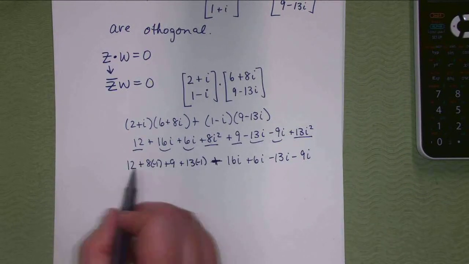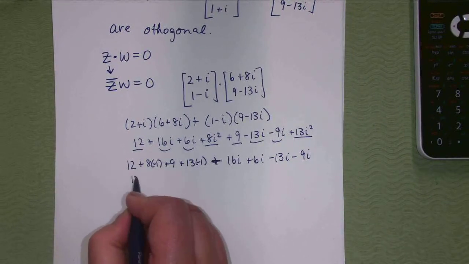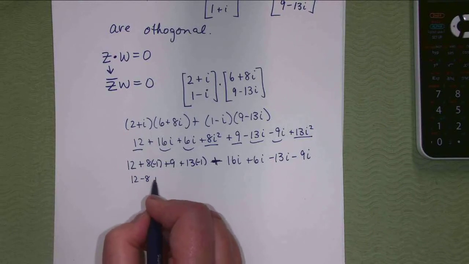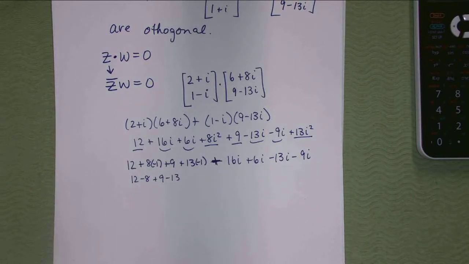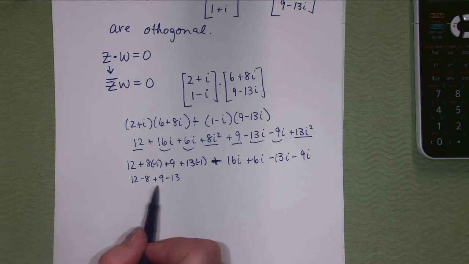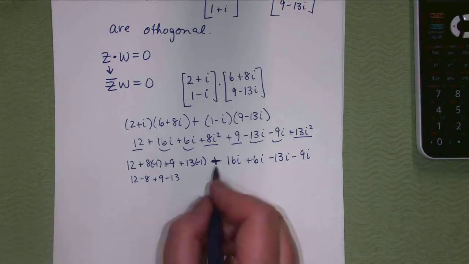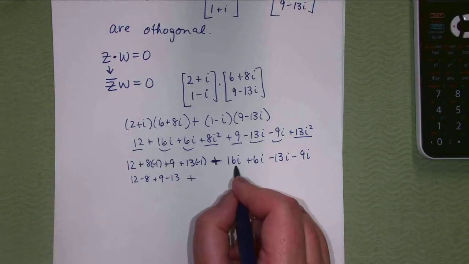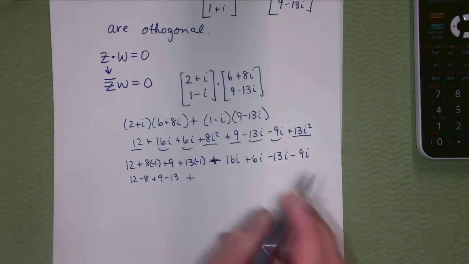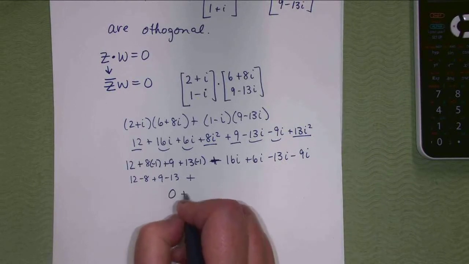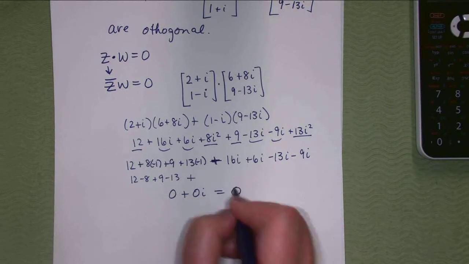Do we have 12 minus 8 plus 9 minus 13? Is that 0? Yep, 0. And is this one 0? Yep. So 0 plus 0i, which is 0.